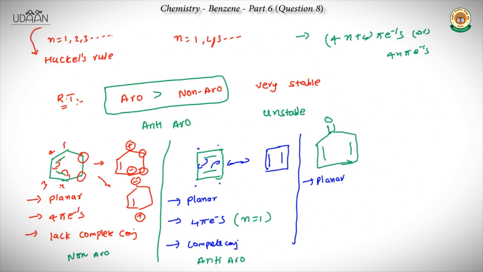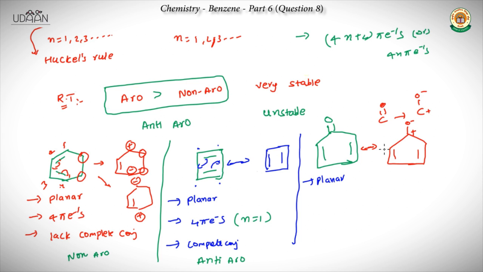But the thing is that C double bond O is a polar molecule and it exists as O minus, C plus. So the structure for it will be of the form O minus here, plus here. Now you can see this has complete conjugation.